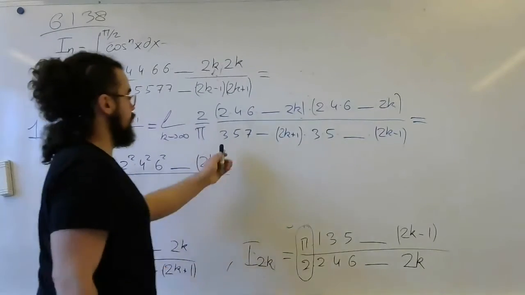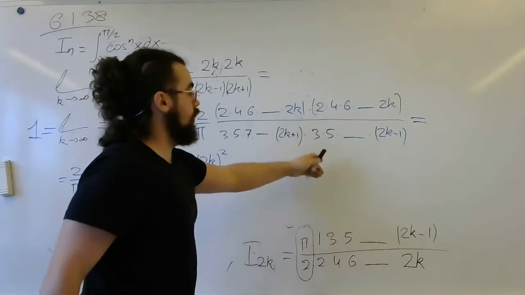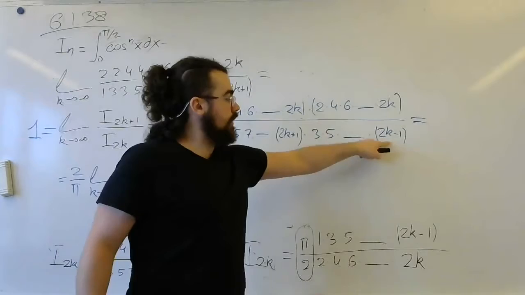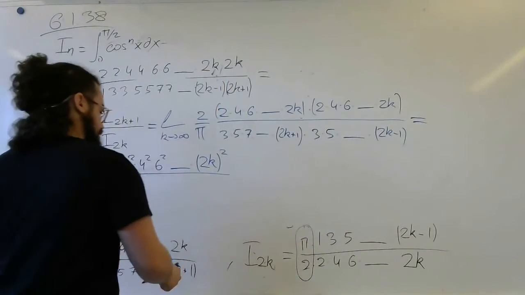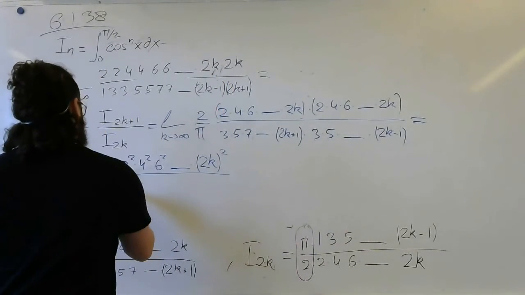And divided, what do we have? The same thing with the odd numbers, all the way till here. And then the 2k plus 1, which is kind of by itself.